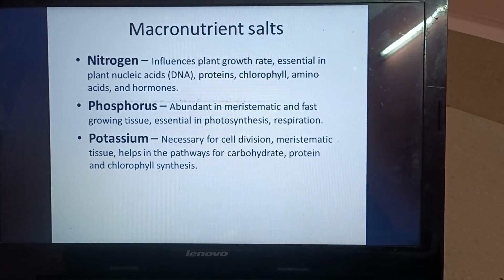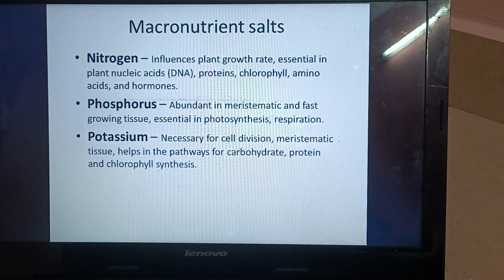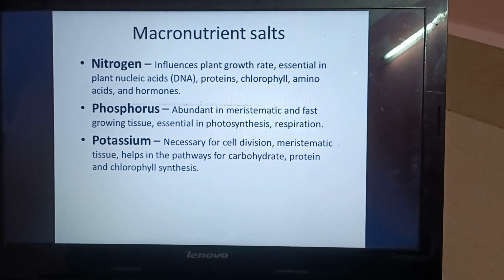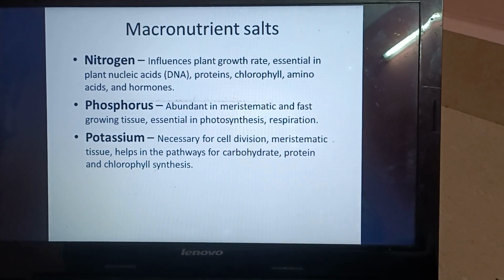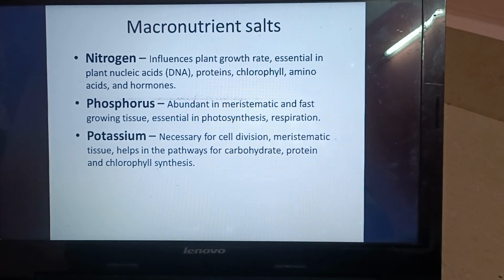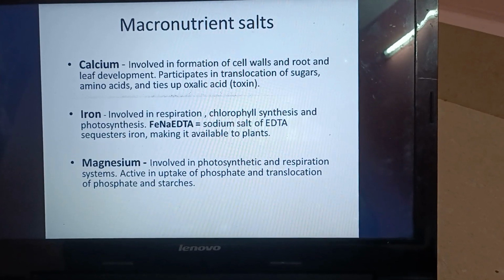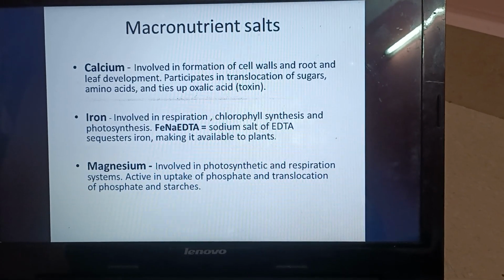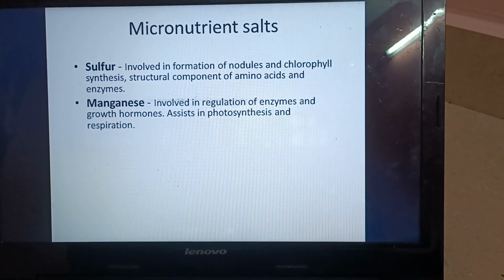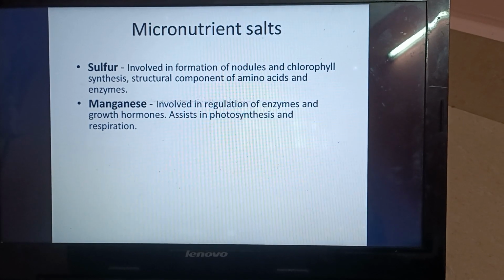In school we learned this: NPK. These are the major macronutrients, playing the most prominent role in plant growth promotion. And also calcium, iron, magnesium, sulfur, and manganese are part of it.